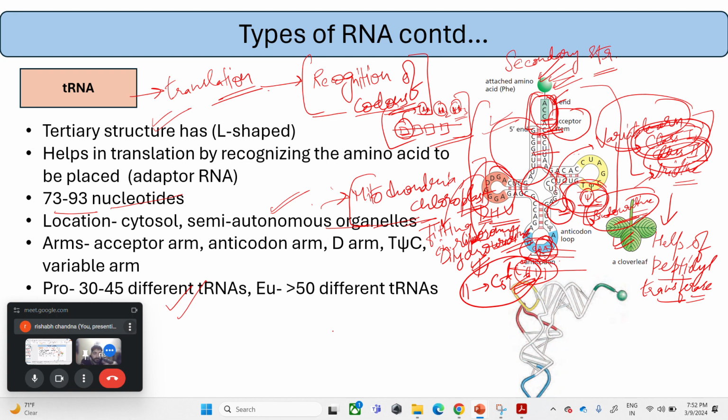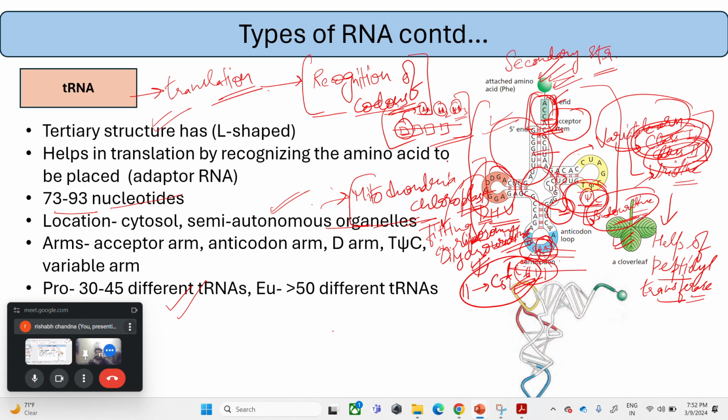And in eukaryotes, we have greater than 50 different tRNAs present inside a cell.